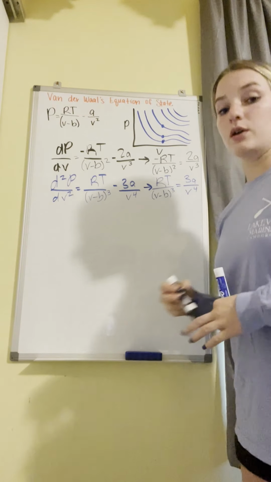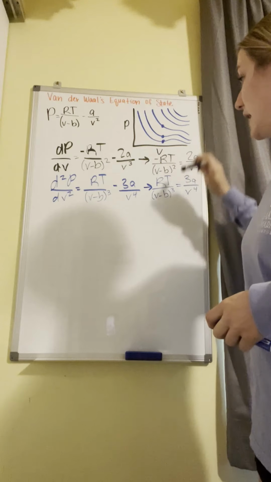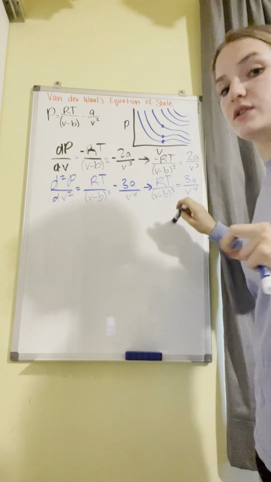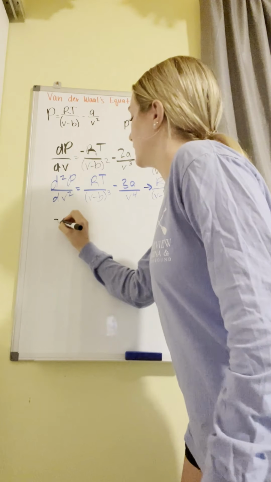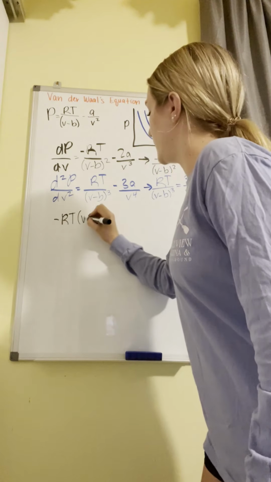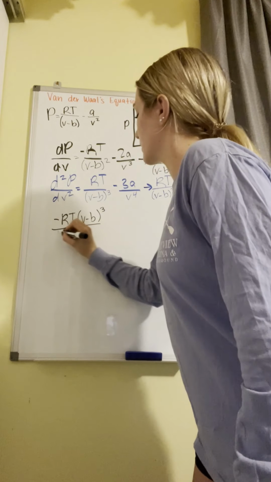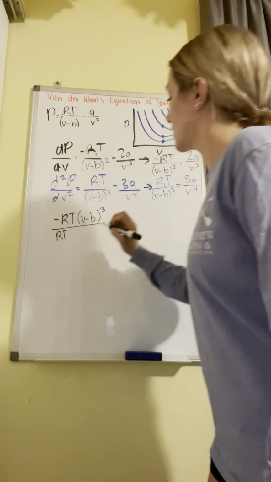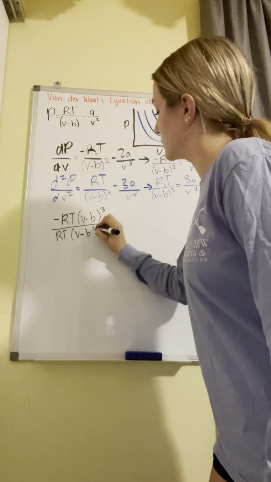Now we can take one of them and then multiply by the reciprocal of the other. So this will get us the equation of negative RT times V minus B cubed over positive RT times V minus B squared.